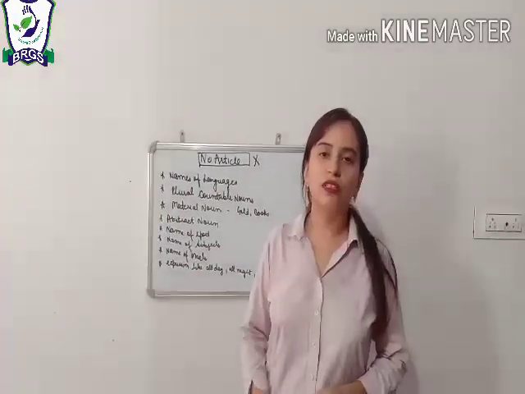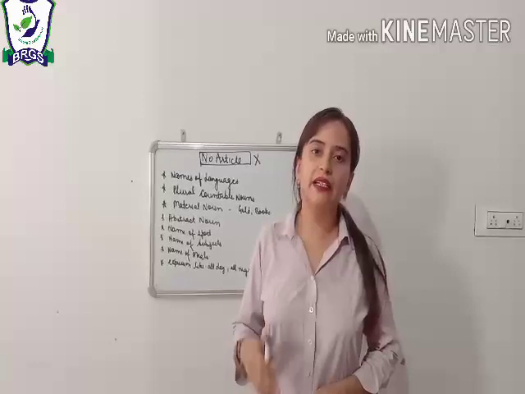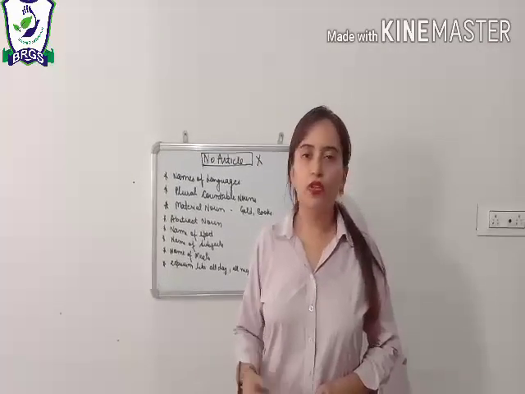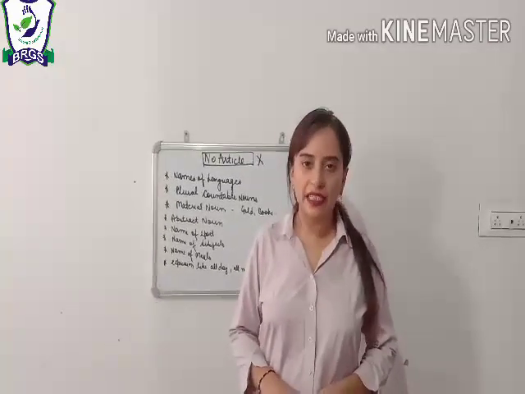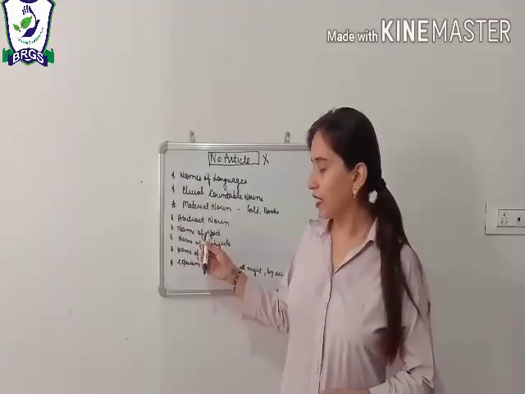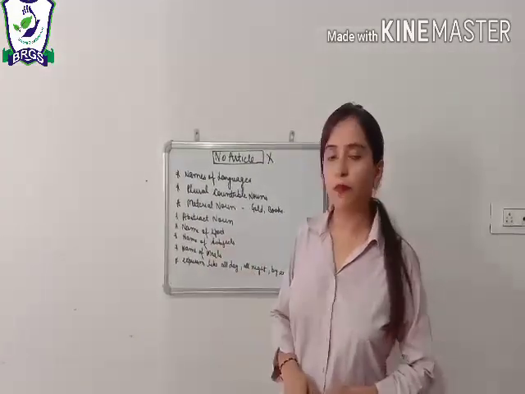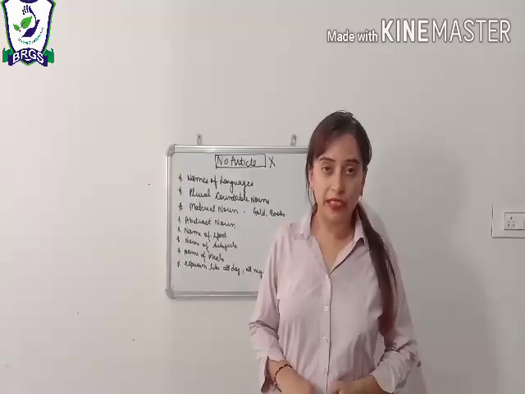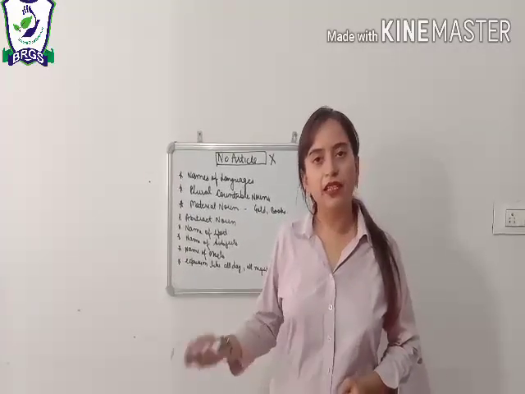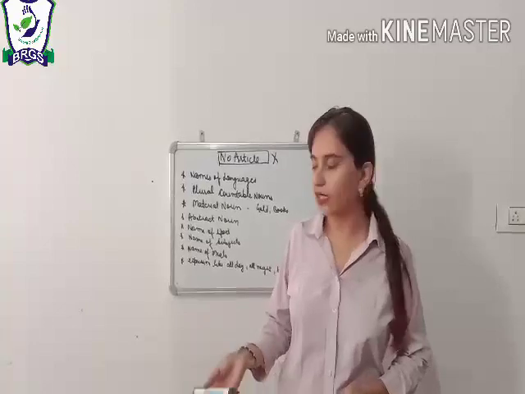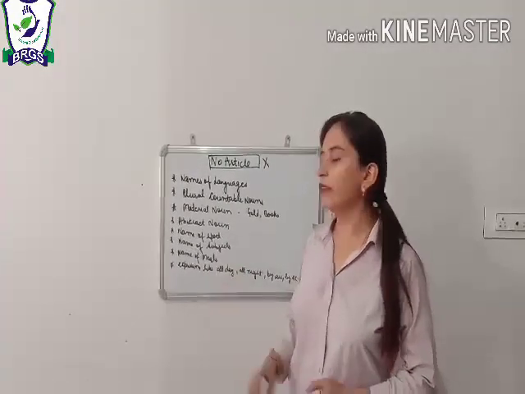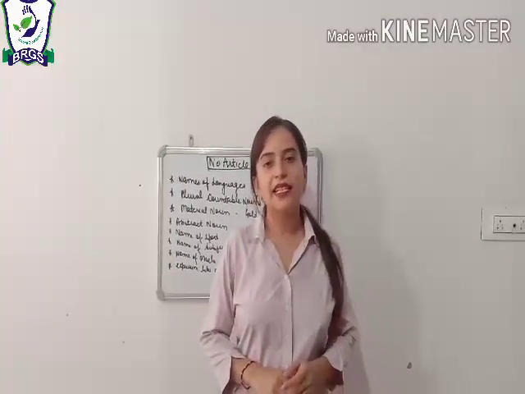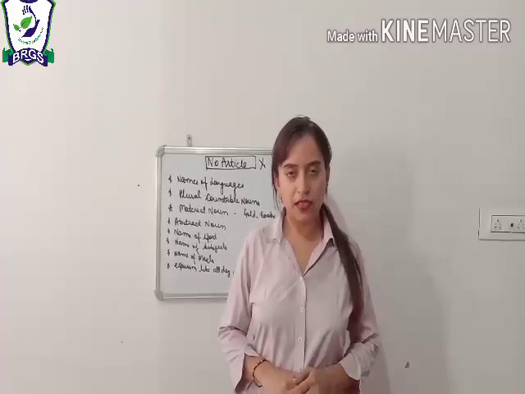Names of sports. For example, hockey, cricket, basketball, volleyball. We don't use any article with these names of sports. For example, I play a cricket. I play the cricket. No, I play cricket. I play basketball. Names of subjects, as in academic subjects.